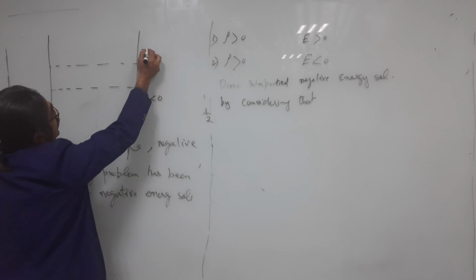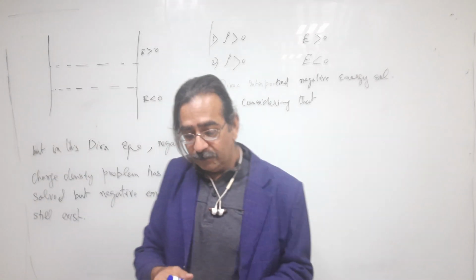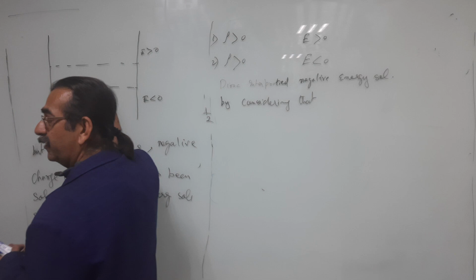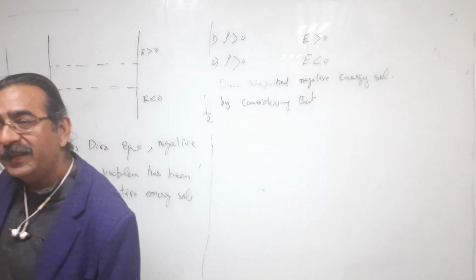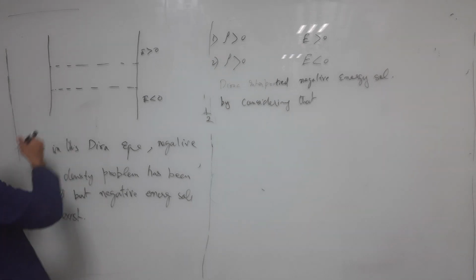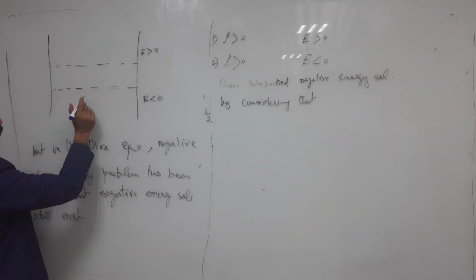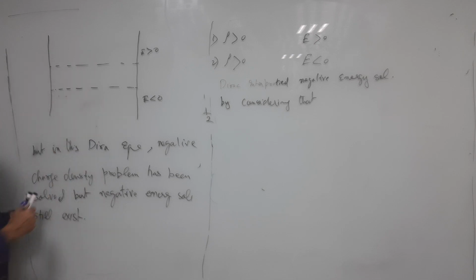This is E greater than 0. There are two types of sea. See, this negative sea is vacuum. He said that is vacuum. And this is filled with the negative energy solution, negative energy electrons.